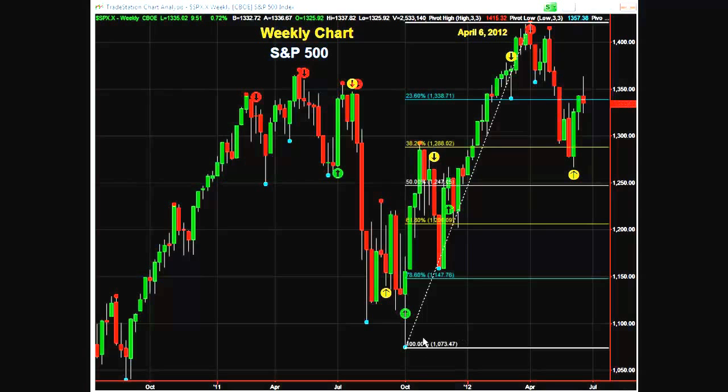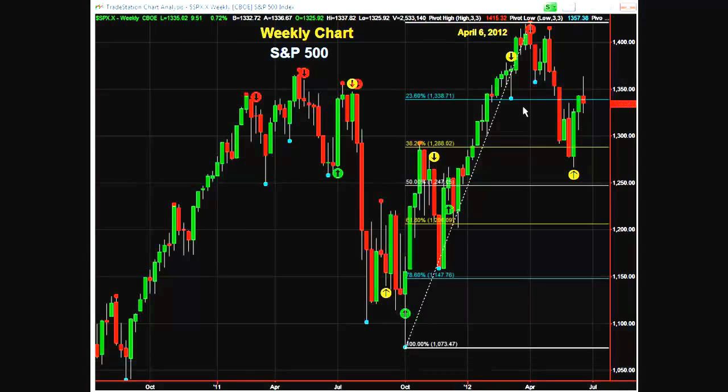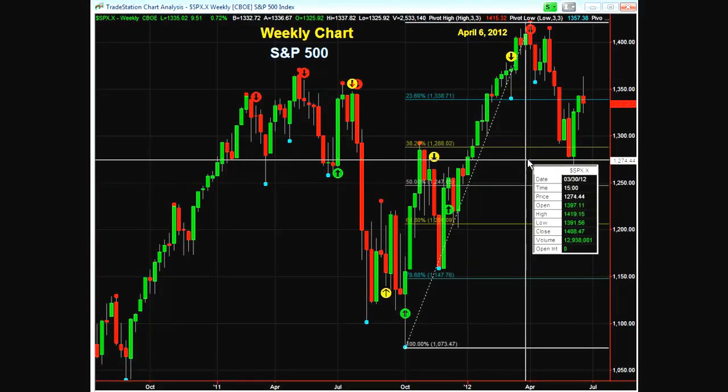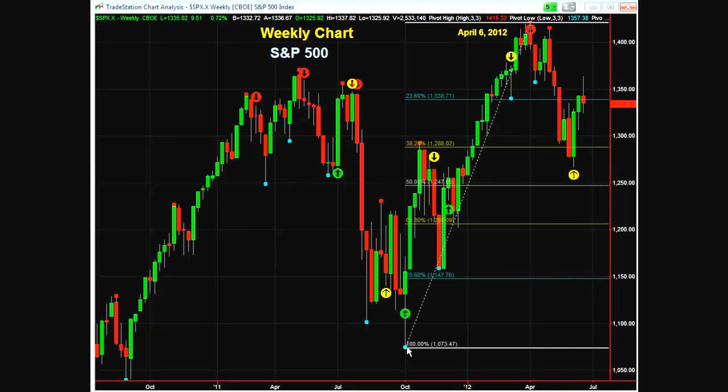So if you put a Fibonacci retracement level in here, starting from this low that came in October 7th, 2011, to the current high, which took place back in April 6, 2012, these are the levels that will give you various support zones and resistance zones.